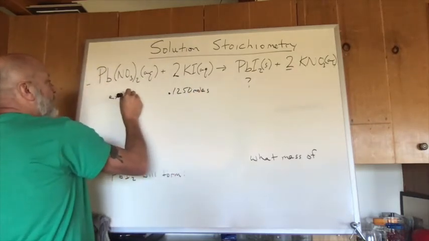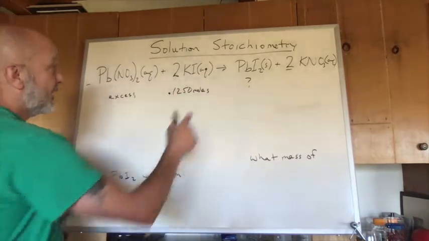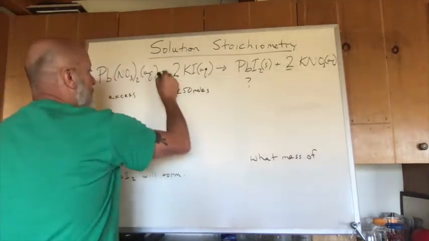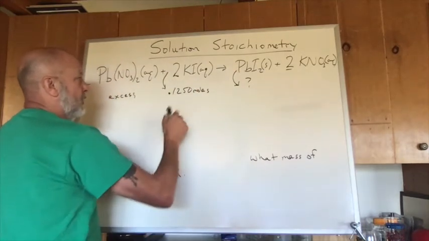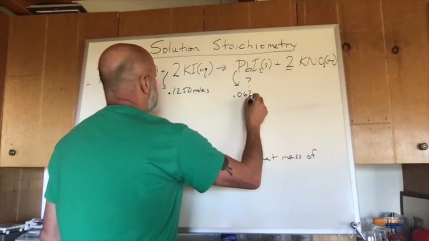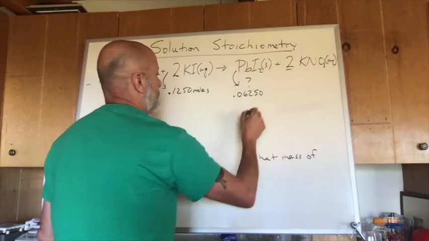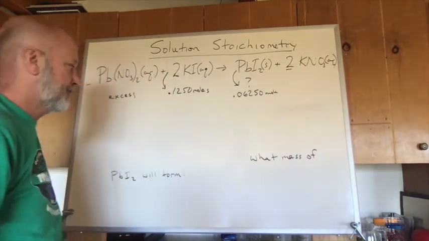With excess lead 2 nitrate, how much lead 2 iodide precipitate will form? 2 is to 0.1250 as 1 is to x, or half. 0.06250 moles of lead 2 iodide.